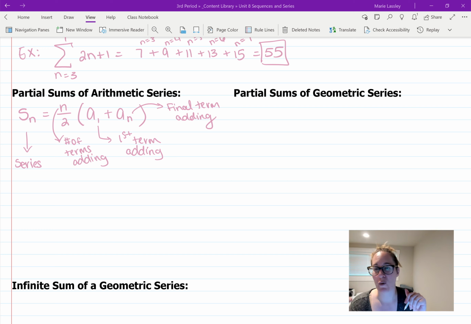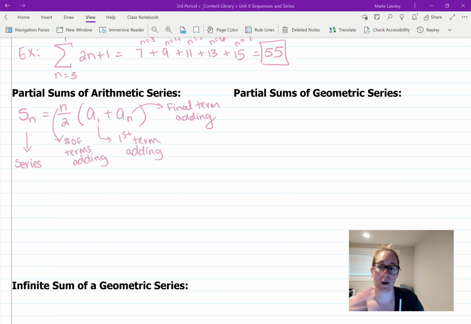So we're not going to be doing ones like that example problem where we started at term number 3 and went to term 7. We would always start with term 1 and go to whatever term. So if you want to add 50 terms, then n would be 50, right? It makes it a little bit easier because we will always be starting with the first term. But in general, n would change.